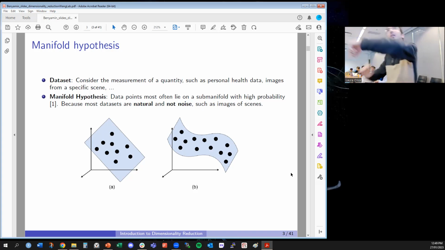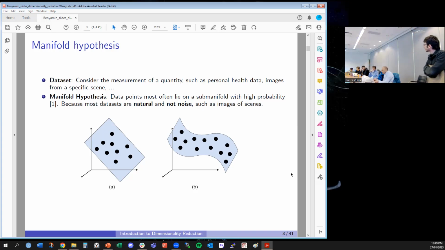As you see, it's not a linear plane, although locally, topologically speaking, it's a plane again. However, it's nonlinear. It's embedded in this space. Whenever it's linear, we usually call it a subspace. Whenever it's nonlinear, we usually call it a submanifold or manifold.